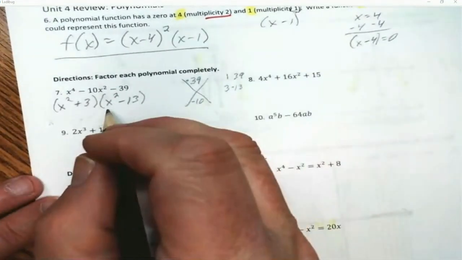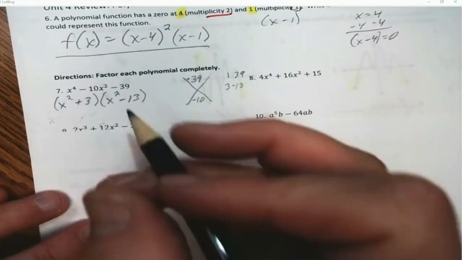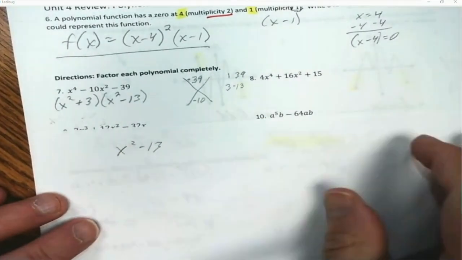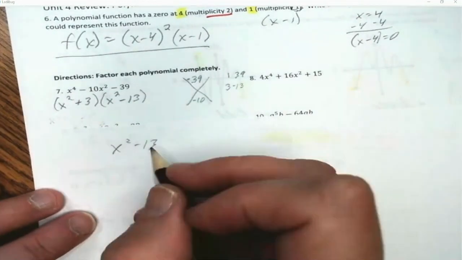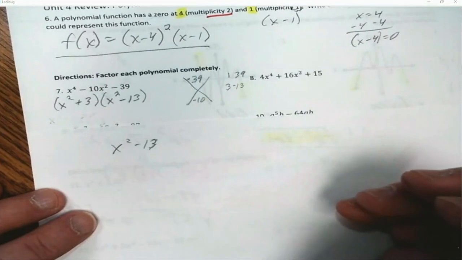X squared minus 13. Well, actually, I think we can play with that one a little bit. If x squared minus 13, what does that mean our x's are? It's not going to be a whole number, so I would stop factoring there.